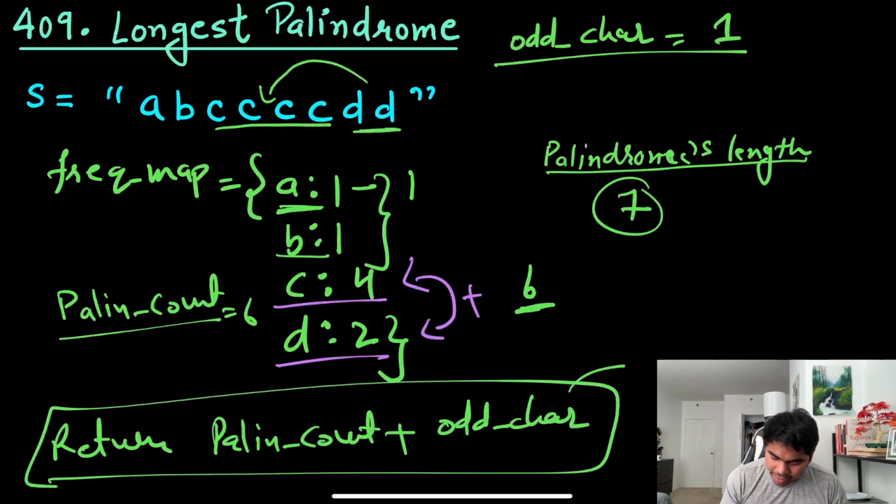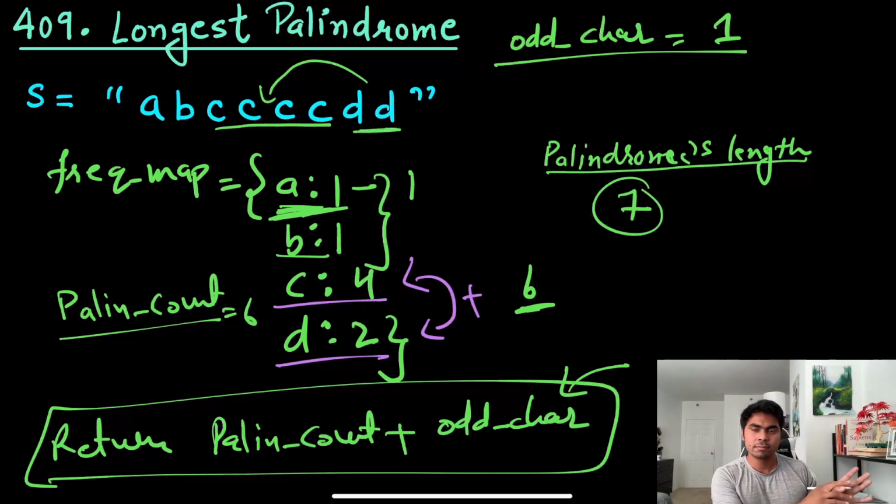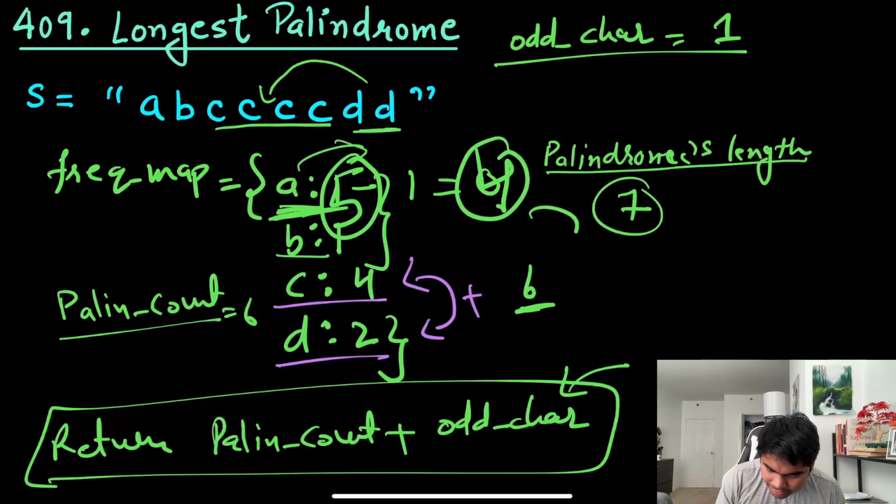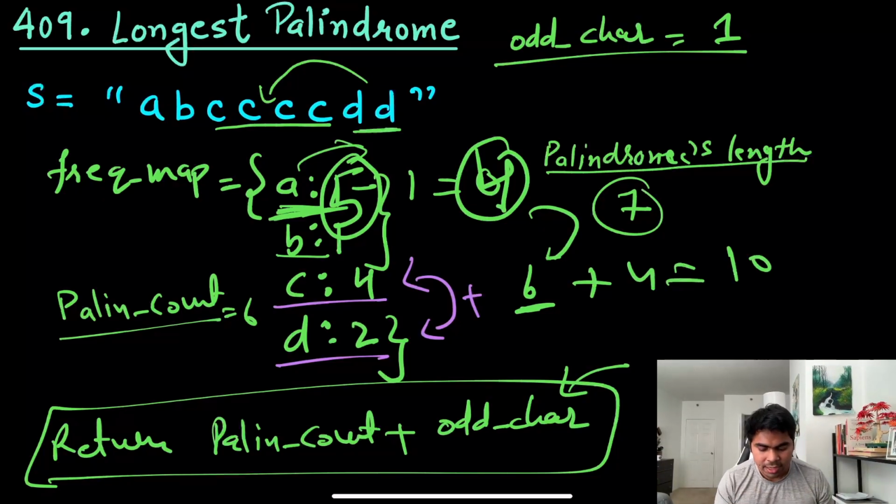But remember, this odd char will only exist if you had an odd frequency of any character, given that you have already subtracted 1 from it, and whatever count was left, in this case it was 0, but let's say if it was 5, then I will get 4 here. This 4 could be added to this 6, which will give me 10, right? Because that even count of that character I could still place in my palindrome. This makes sense, right?